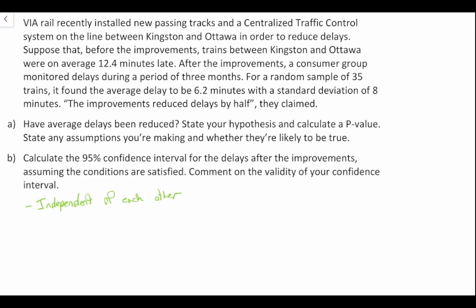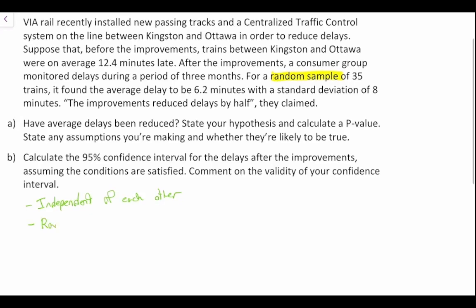We don't even have to assume random; we're told that there's a random sample. So independent, yes. Random, yes.